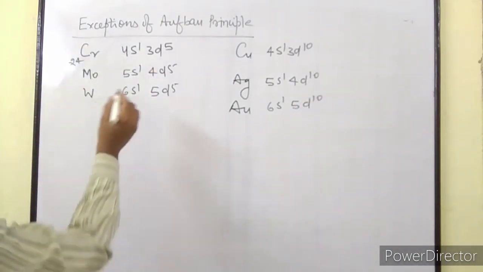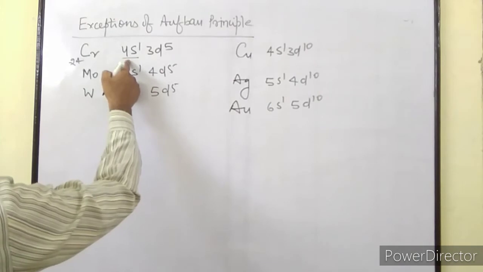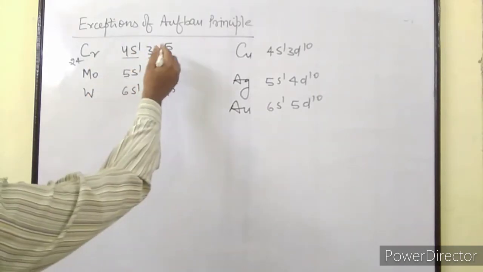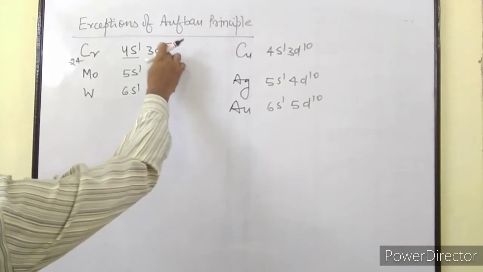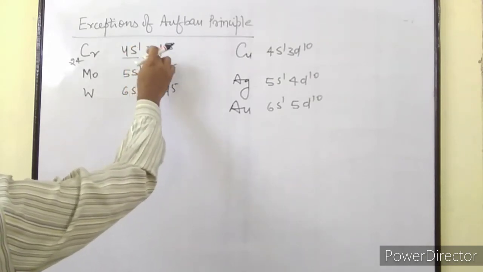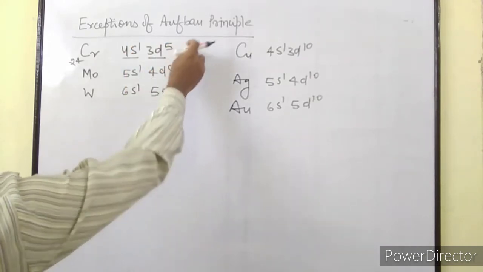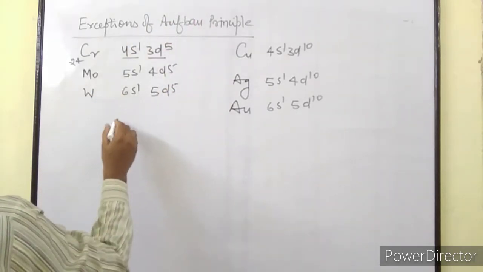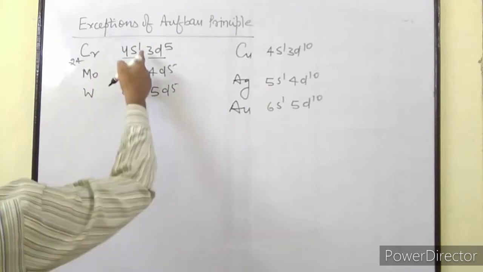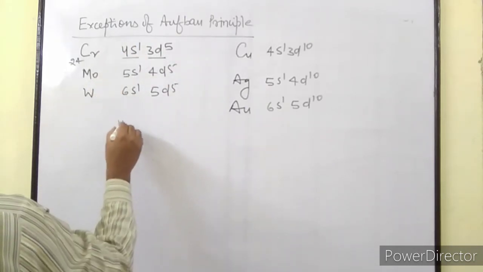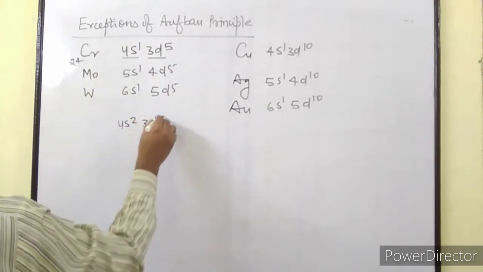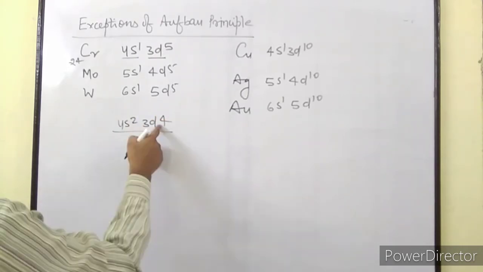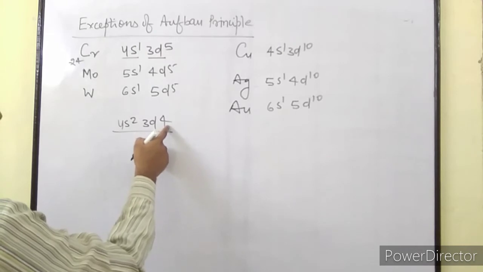Here you can see the energy of 4s orbital is lower than 3d orbital, but electron fills in 3d orbital, not in 4s. So this violates the Aufbau principle. Here you can see chromium 24, as we expect its electronic configuration should be 4s2 3d4, but it does not occur because in d orbital there are 4 electrons.